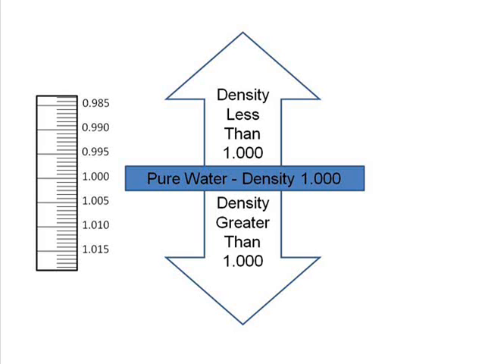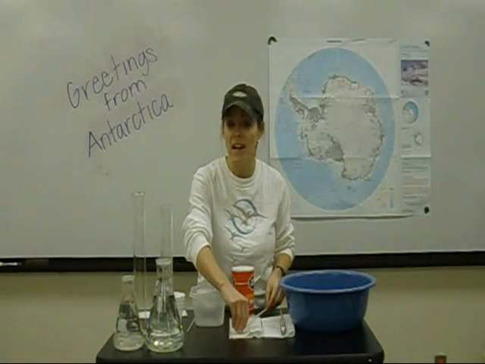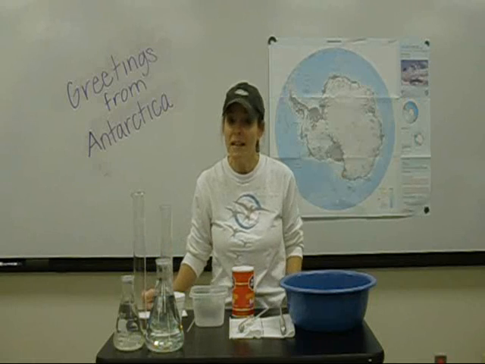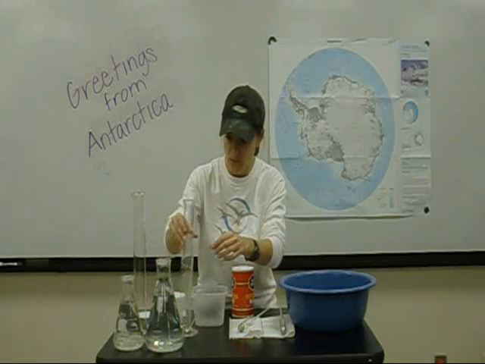If the liquid or solution is more dense than pure water, we will have a density greater than 1.0. And if a liquid or solution is less dense than pure water, we'll have a density less than 1.0. So let's measure our tap water to see how close its density is to 1.0.